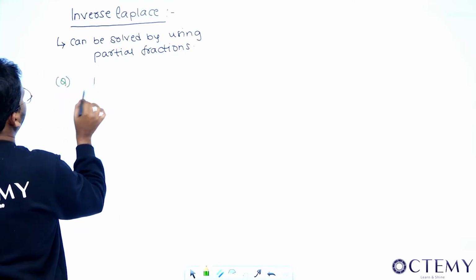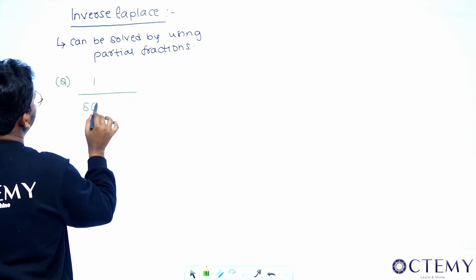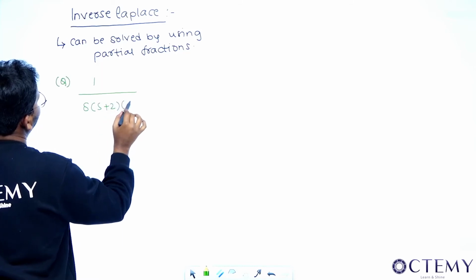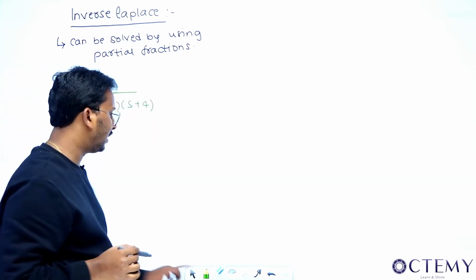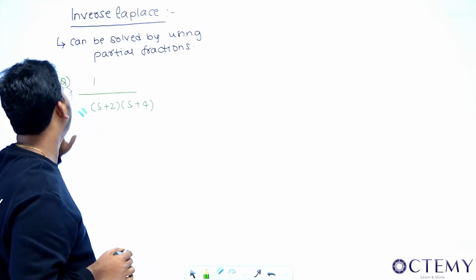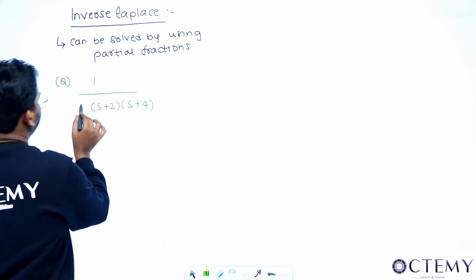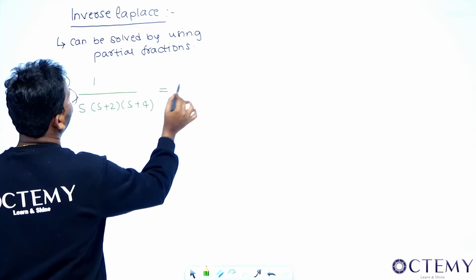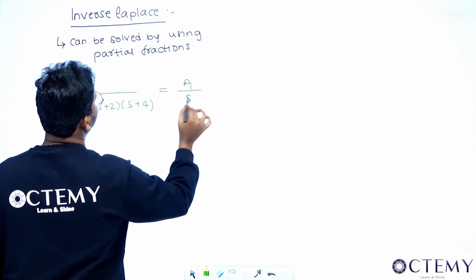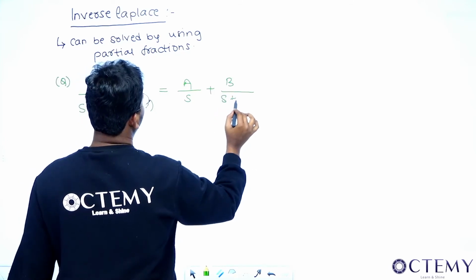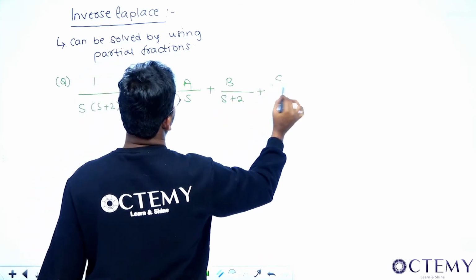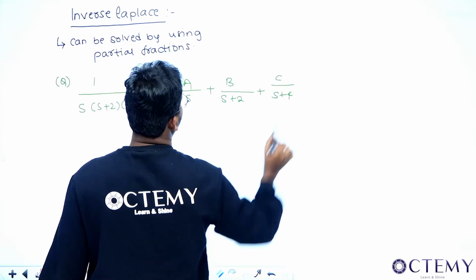Say I am asking you a question like this: 1 by s into (s plus 2) into (s plus 4). Right? So whenever you have roots like this, which are quite distinct and real, what you do, sir? You write it like this: A by s plus B by (s plus 2) plus C by (s plus 4), right?